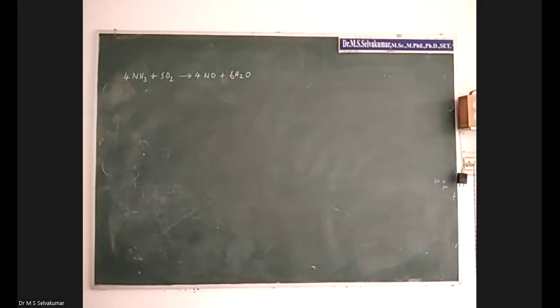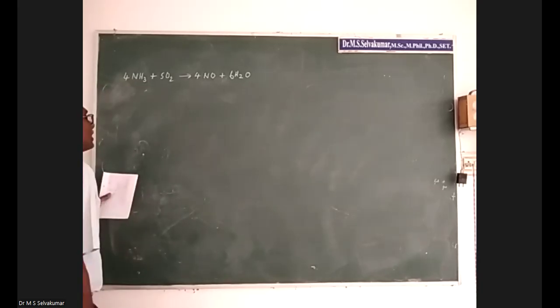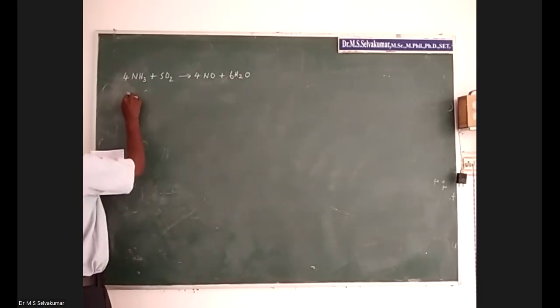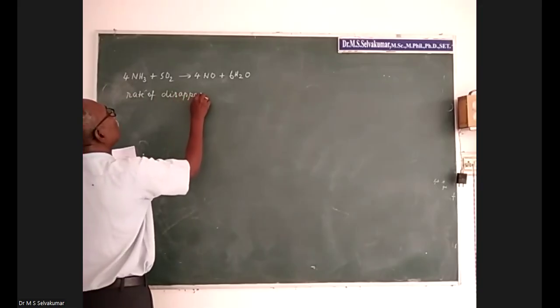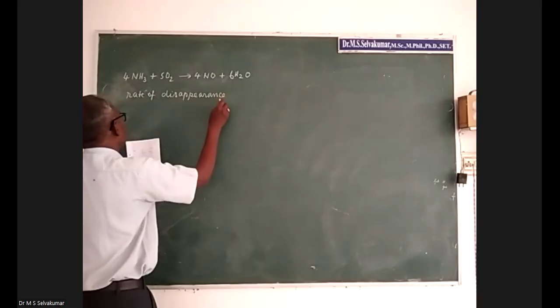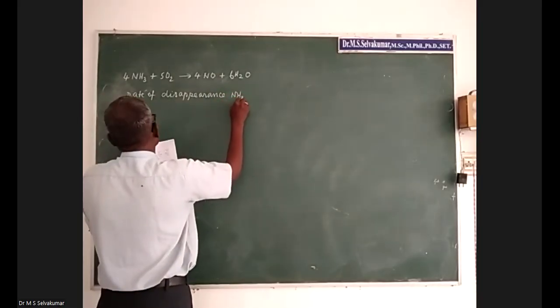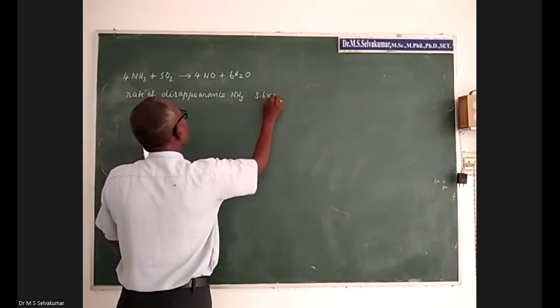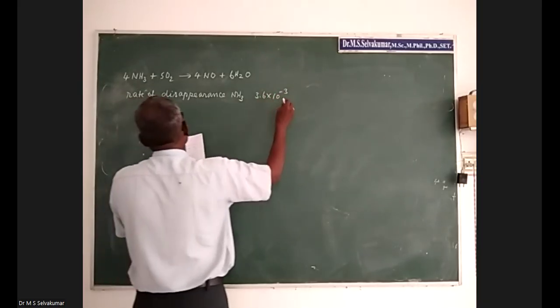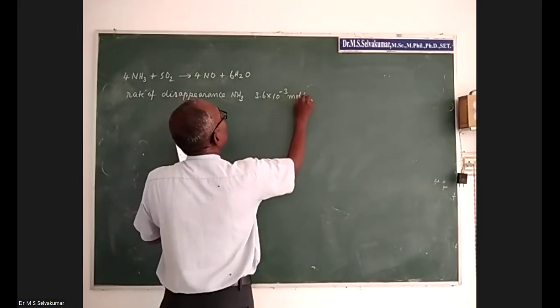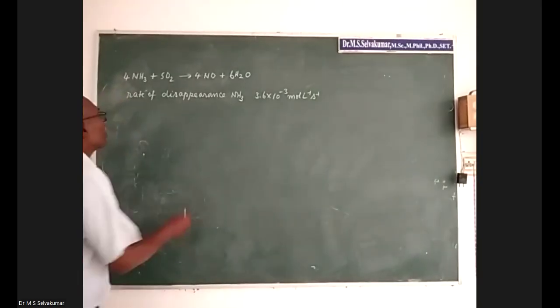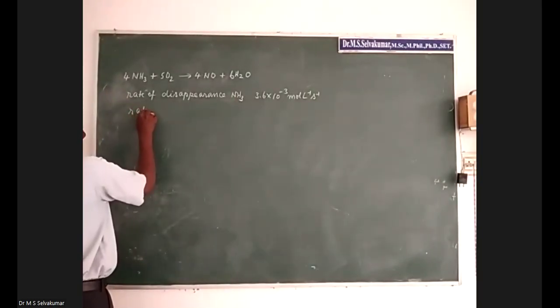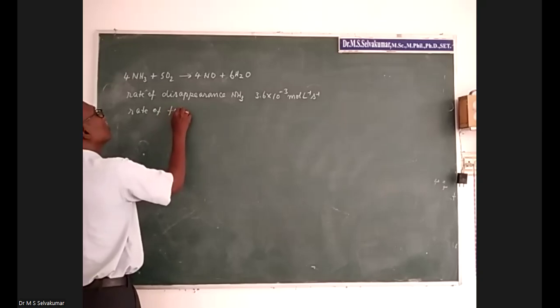If the rate of disappearance of ammonia is 3.6 into 10 power minus 3 mole per liter per second, what is the rate of formation of water?